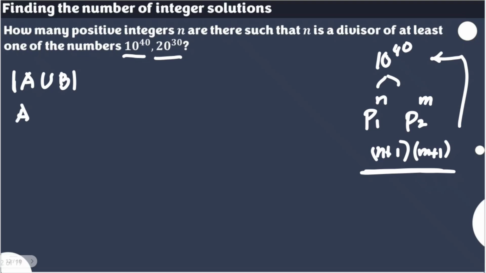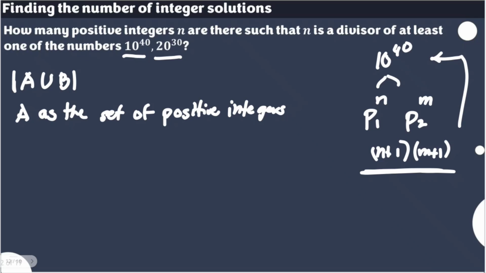Where we define A as the set of positive integers, or positive divisors, that divides 10 to the power of 40.